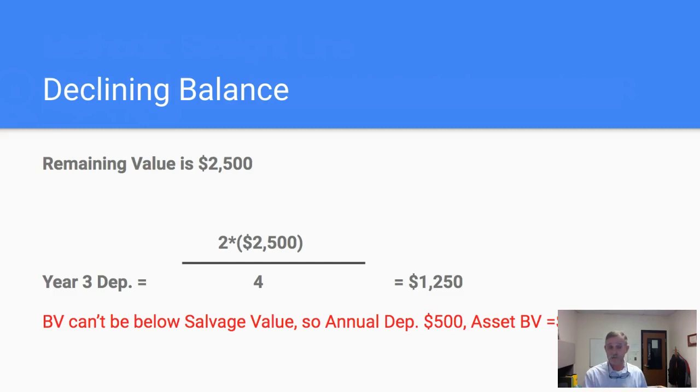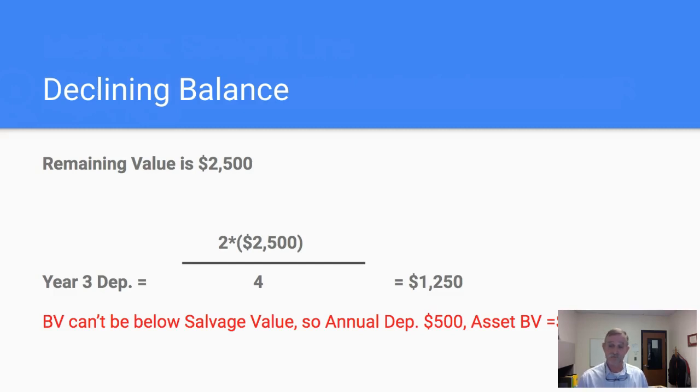Now we take the double declining balance times the 2,500 remaining balance divided by 4, we get 1,250. Now that's a problem, because if we deplete, deteriorate, use up, expense that asset by 1,250, what happens?